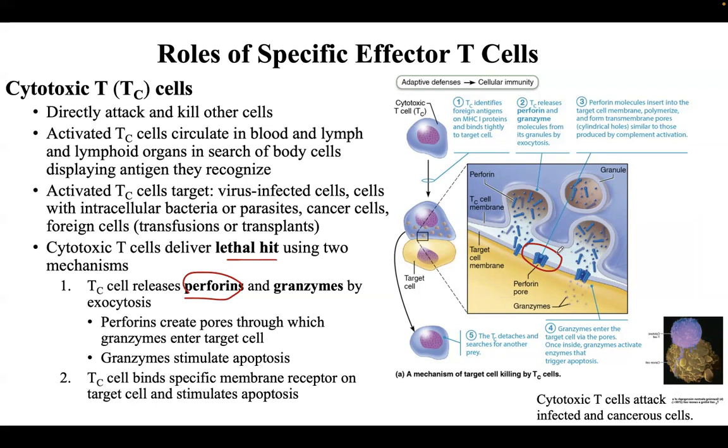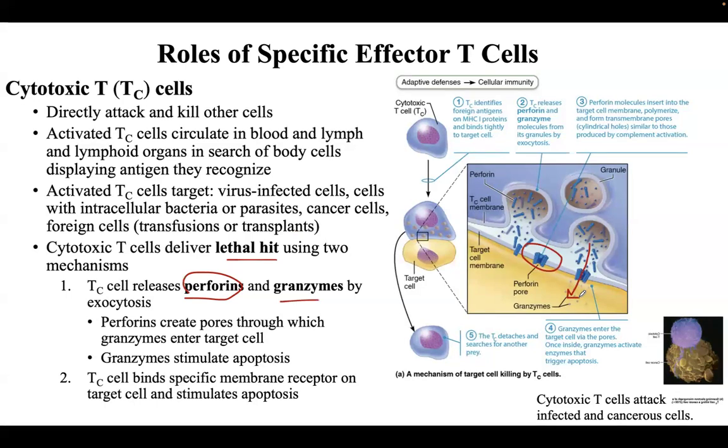After that, the TC cell will also produce granzyme. Here you can see the TC cell's membrane. It's producing these granzymes, and the granzymes are entering the cell through the perforin pore.